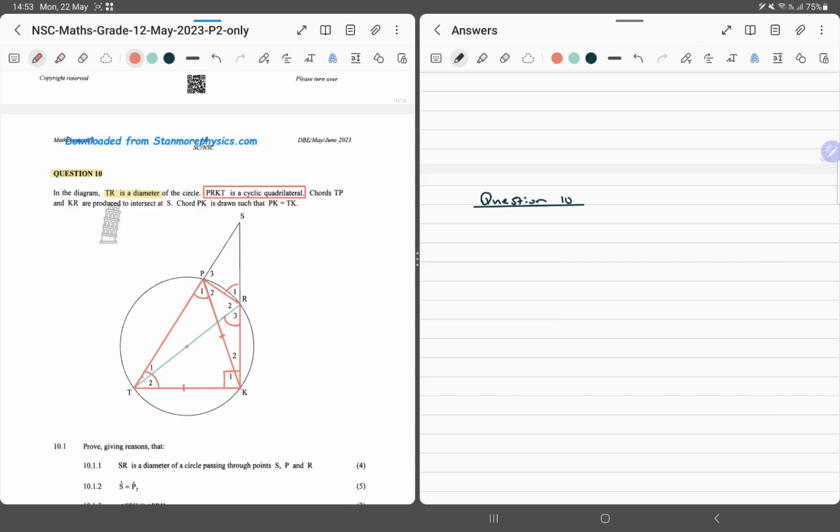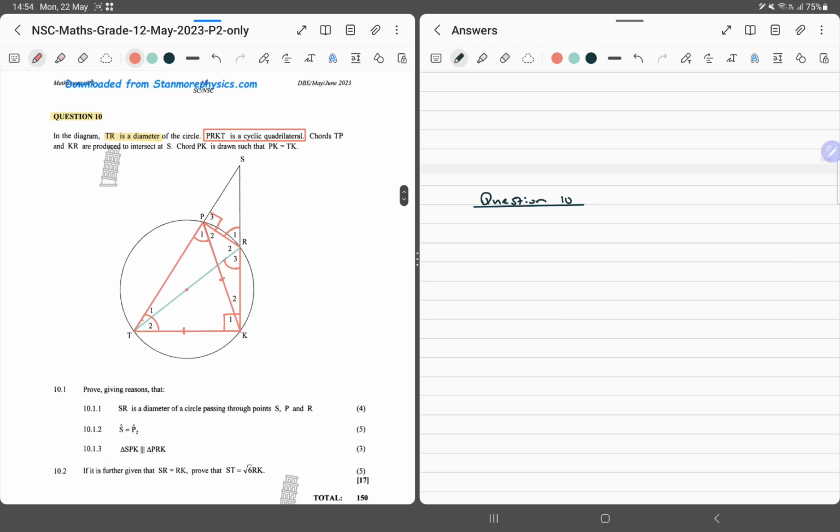That's an exterior angle of a cyclic quad. And also, if this is 90 degrees over there, it also tells us that we have 90 degrees here. Again, an exterior angle of a cyclic quad.